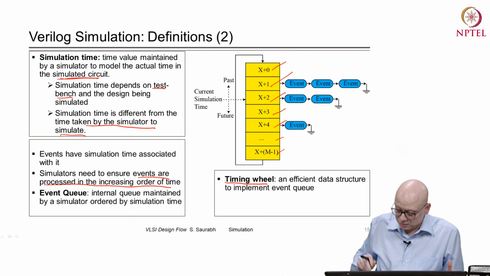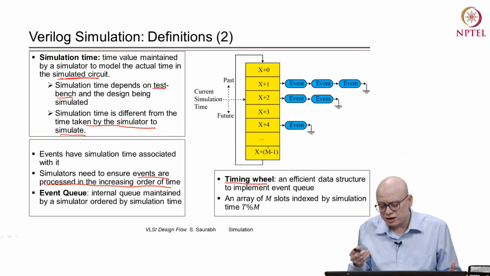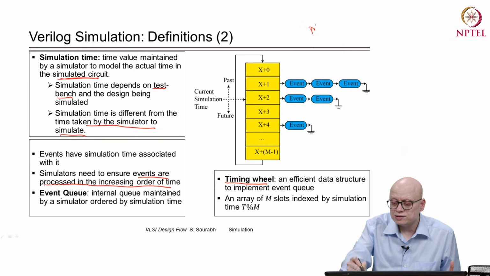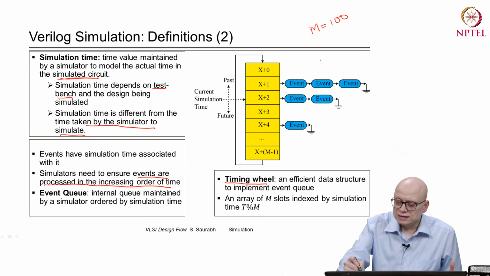So, the timing wheel contains basically an array of m slots. So, m may be say 100, so let us take an example of 100. So, an array of 100 slots indexed by simulation time, where for a given simulation time t the slot is t % m, meaning the remainder of the modulo division of t by m, where t is the simulation time and m is the number of slots.